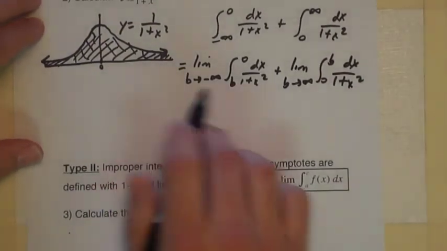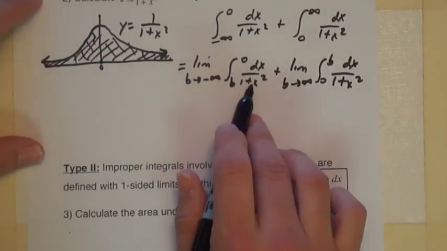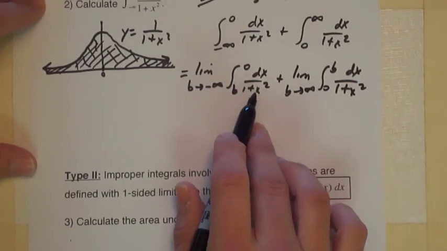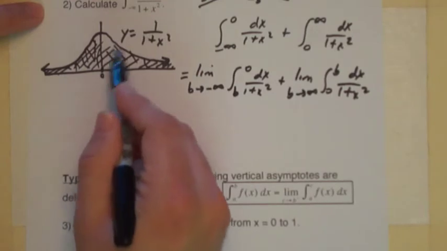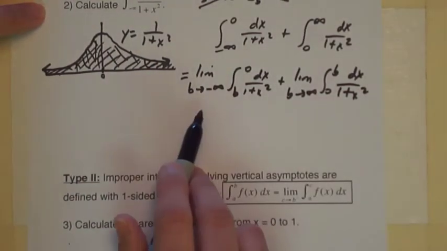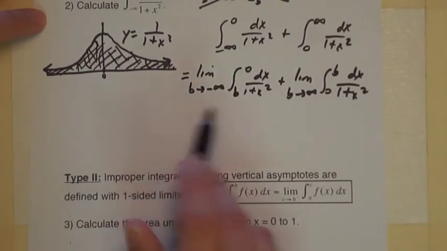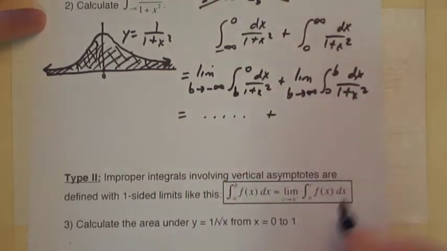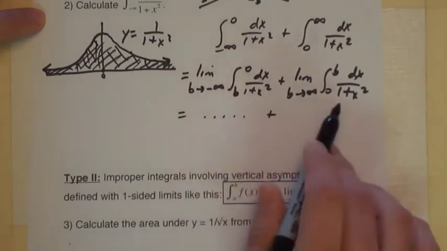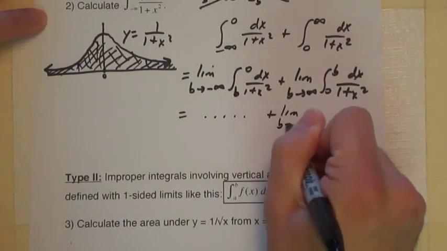Now, let's just focus on one of these, because by symmetry, whatever this half is, the other half is going to be the same thing. Actually, let's just do the right one, because there are no negative signs floating around.